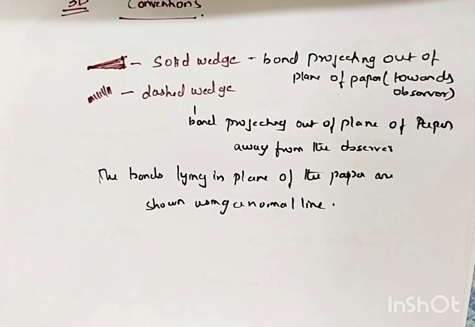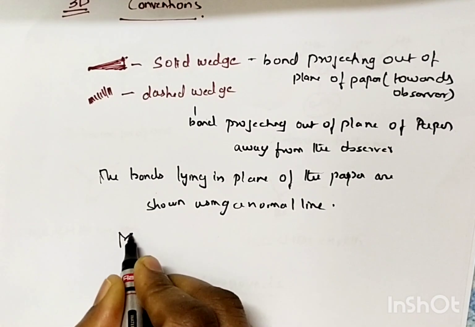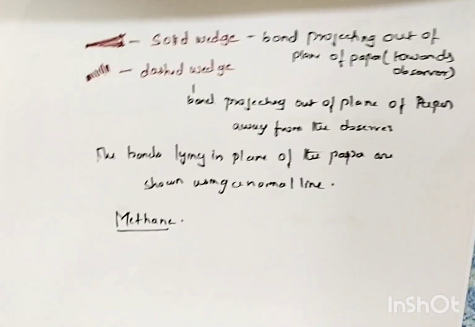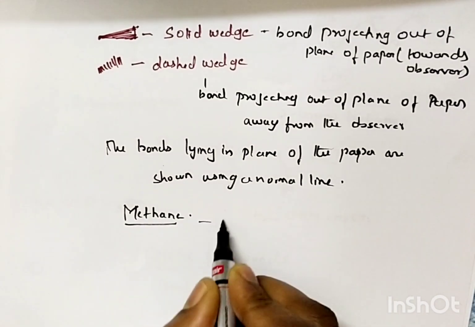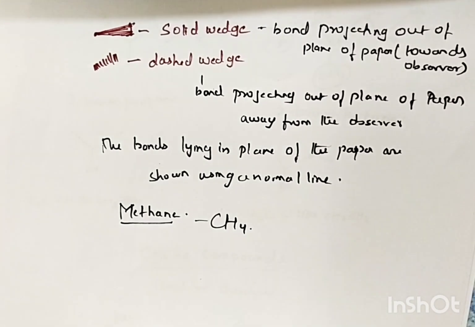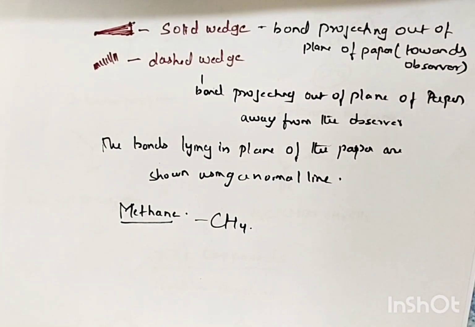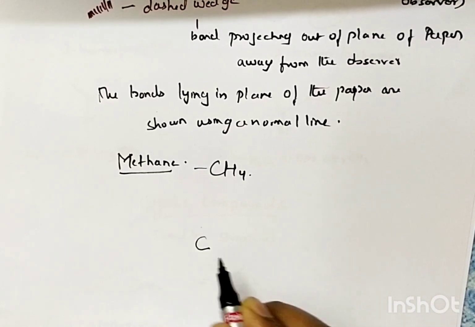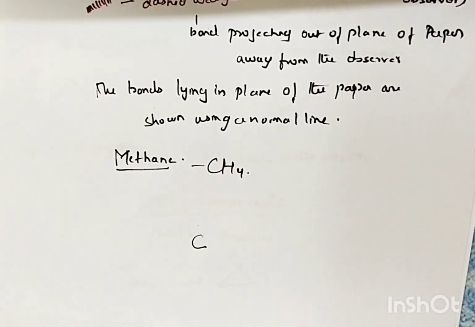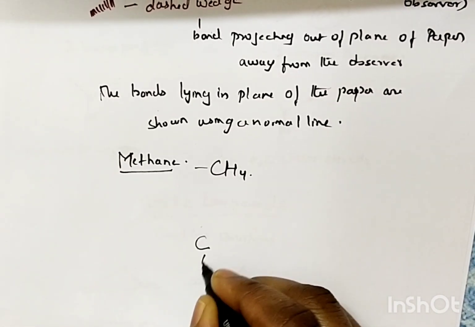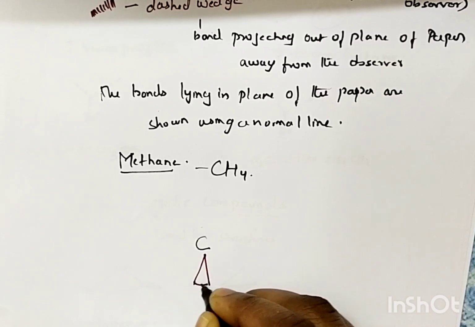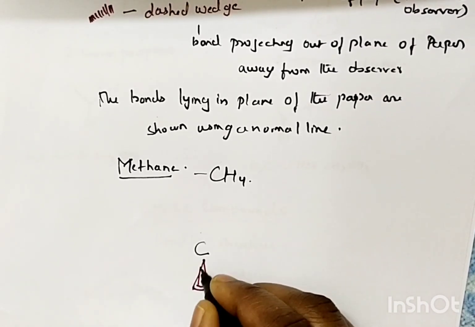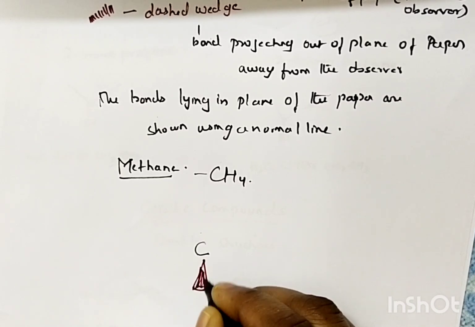Let us see an example. Let's see the methane molecule. In the methane molecule, the formula is CH4. The central atom is carbon. So here, this is carbon. So one hydrogen. While drawing the solid wedge, the broader end of the solid wedge, this is the broader end, right?